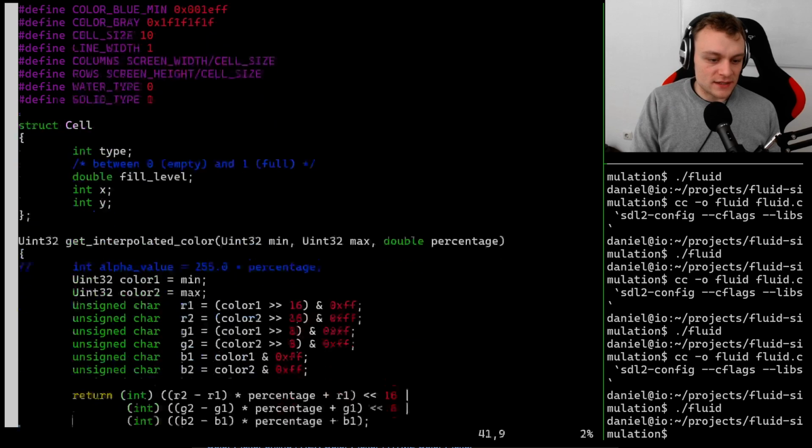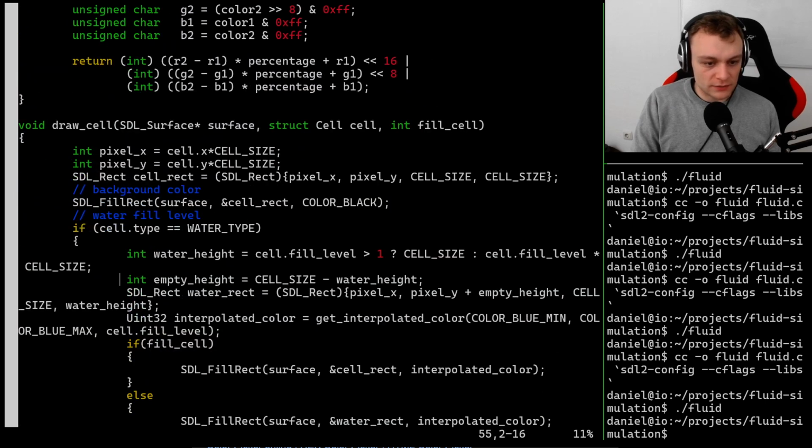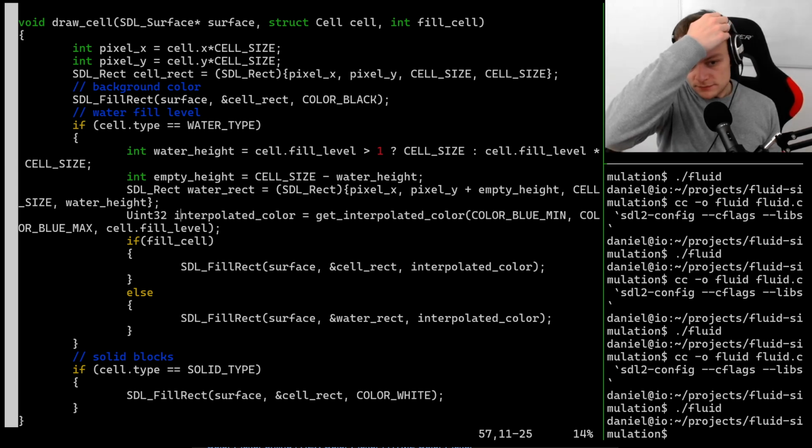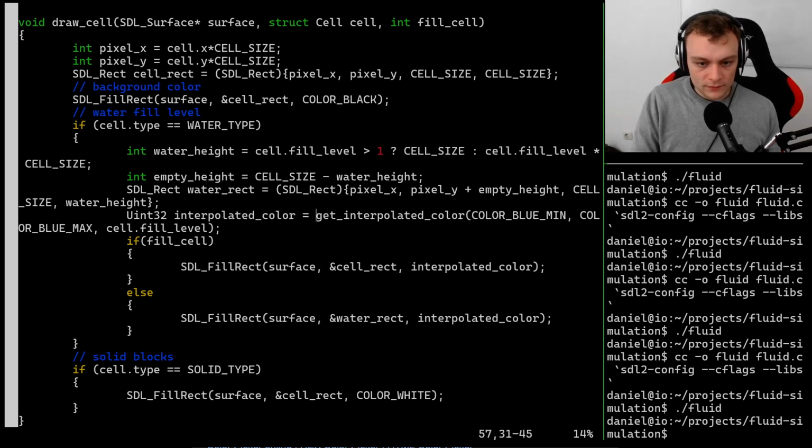Let's say that a cell that has a fill state below a certain threshold should be black. So a cell, if fill cell. Get interpolated color, cell fill level. We'll just hack this into the get interpolated color method.